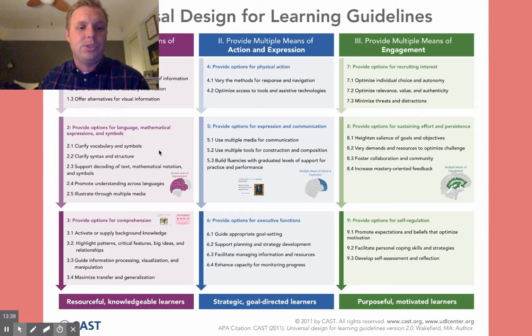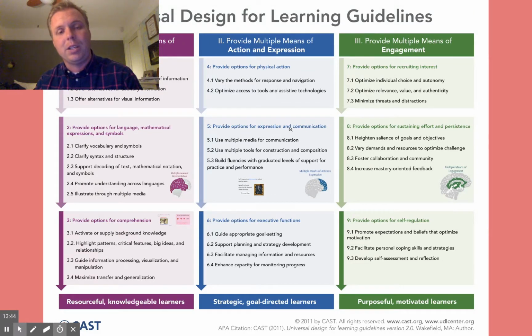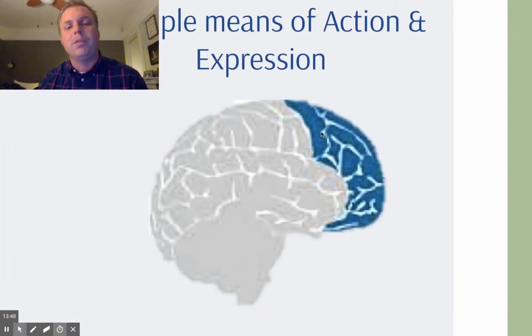So if this is what the teacher's doing to represent concepts so that kids understand it, this is what the kids are doing to show their understanding of concepts and to meet their own goals. So this is thinking about the frontal lobe of our brains. It's around your executive functioning.